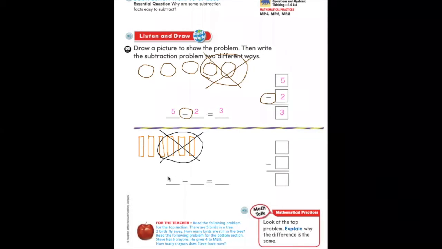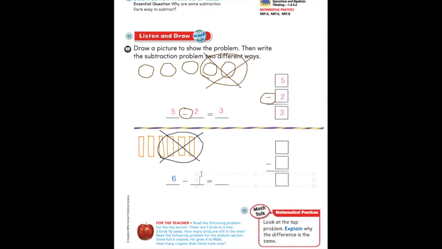So we started out with 6 crayons because Steve had 6. Then he gave 4 crayons away to Matt. So that means our subtraction sentence will say 6 minus 4. The answer, or the difference, is how many crayons Steve has now.